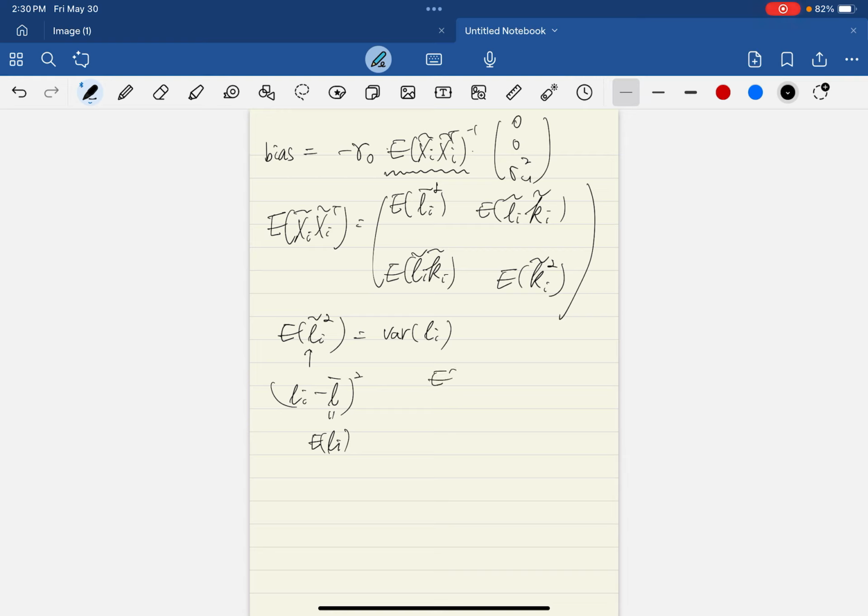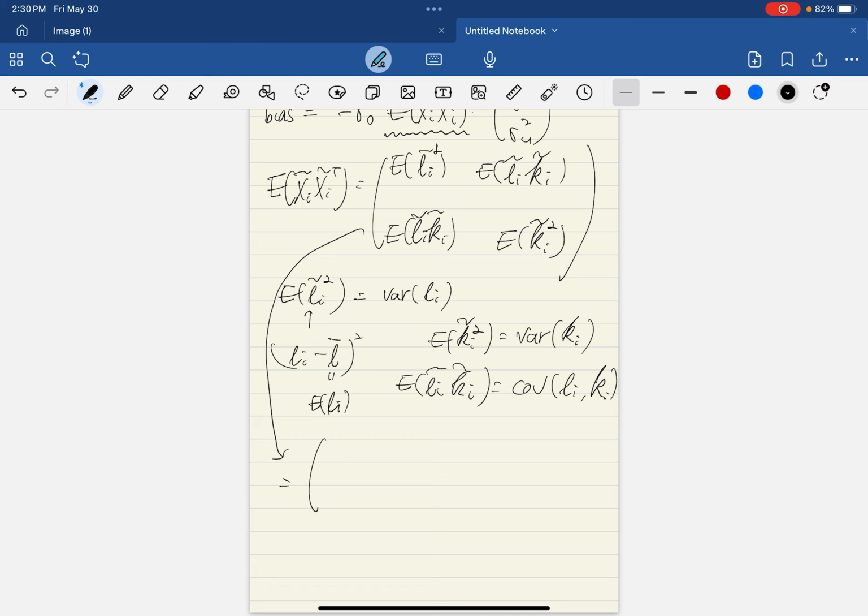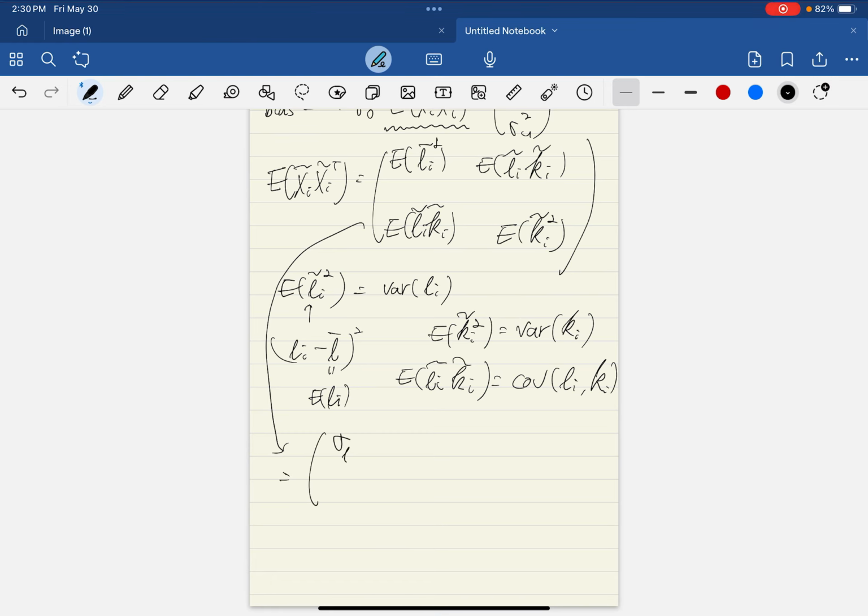And similarly, the expectation of K tilde squared is the variance of K, and the expectation of L tilde K tilde will be the covariance between L and K. So use them, and then this matrix can be written as sigma L squared, sigma LK, sigma LK, sigma K squared.